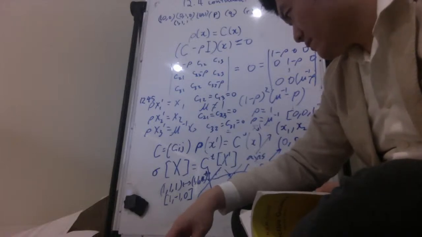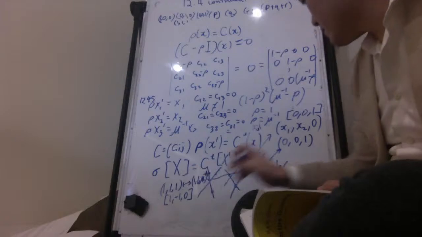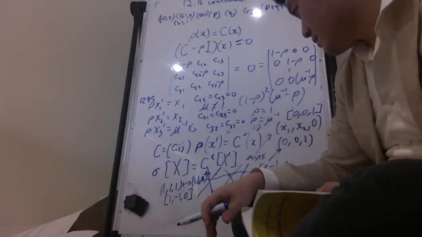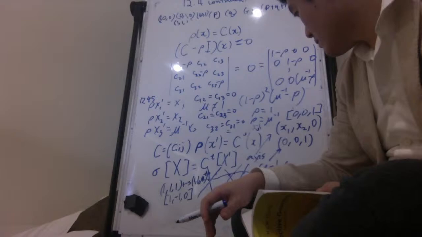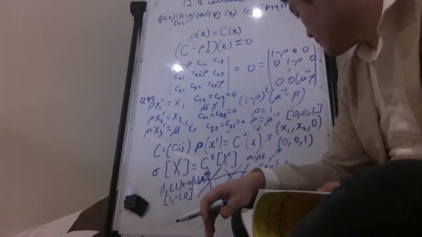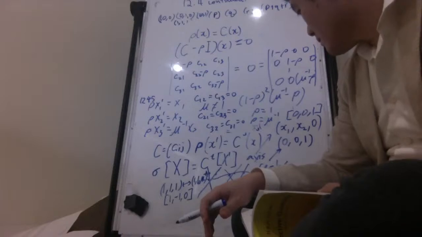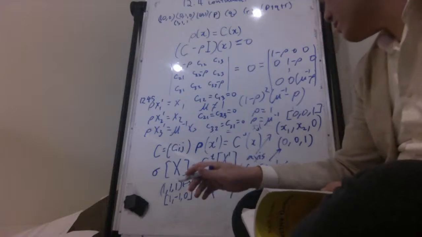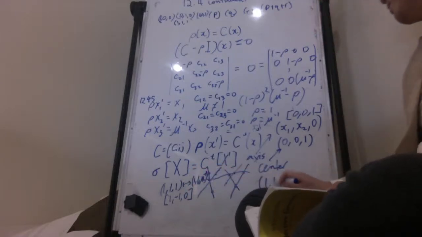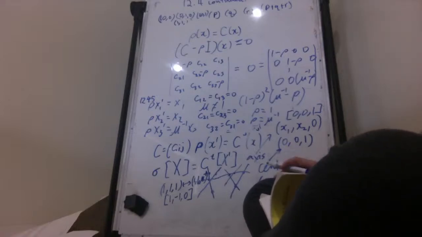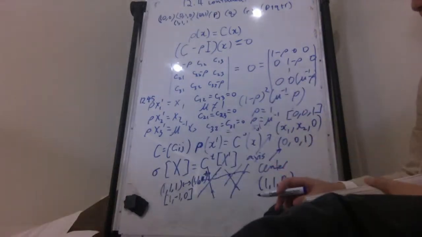And that line intersects the axis at maybe something like 1, 1, 0.